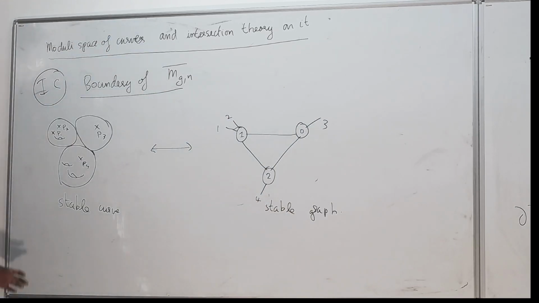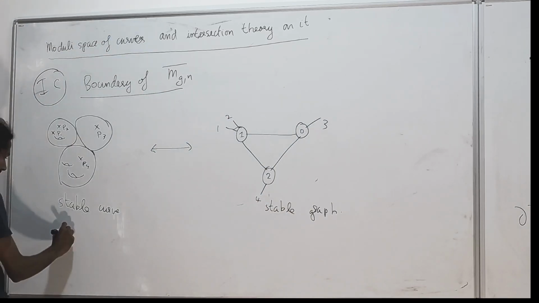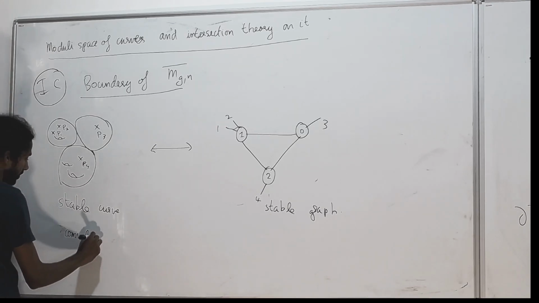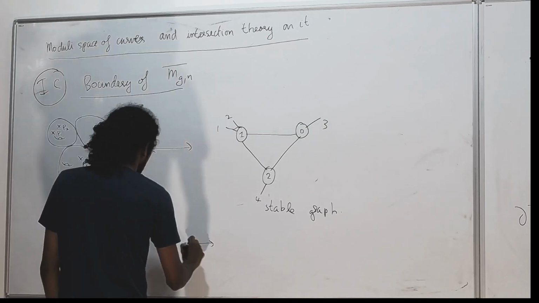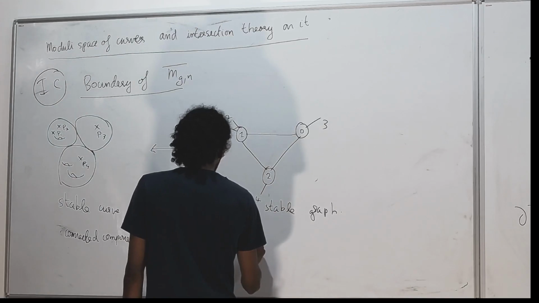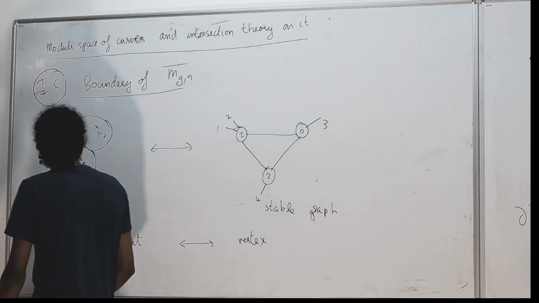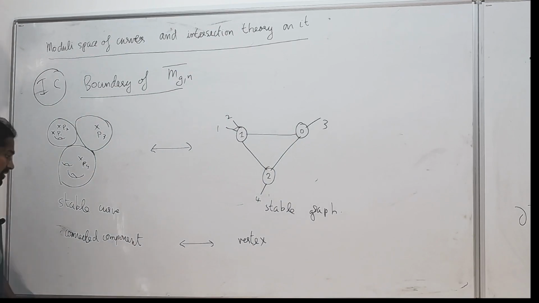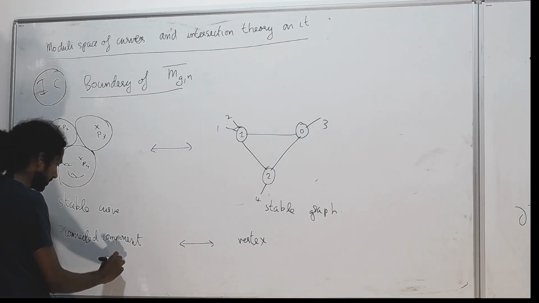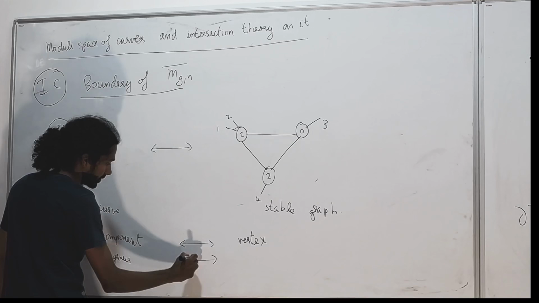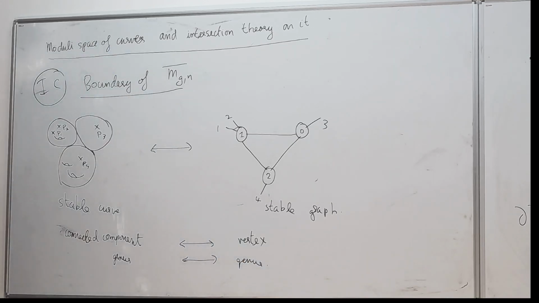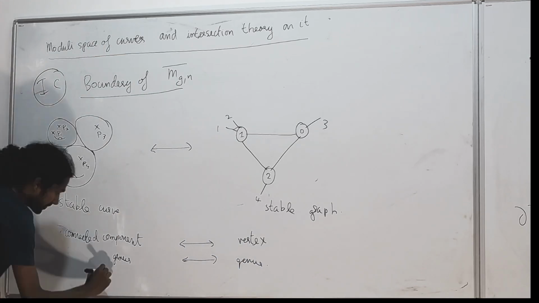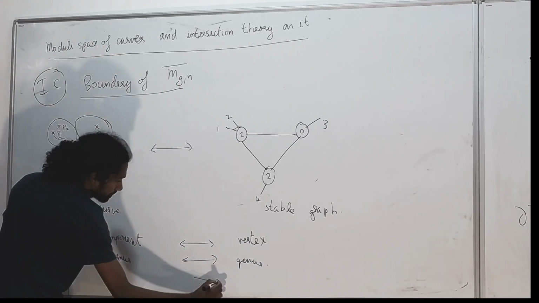Again, let me just write down what I did. To every connected component, I will draw a vertex. If that connected component has genus g, I will assign the vertex a genus. If I have a node, I'll draw an edge.